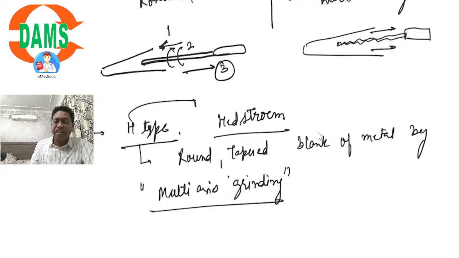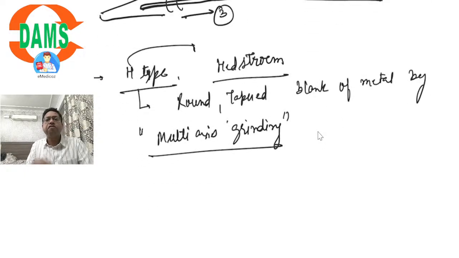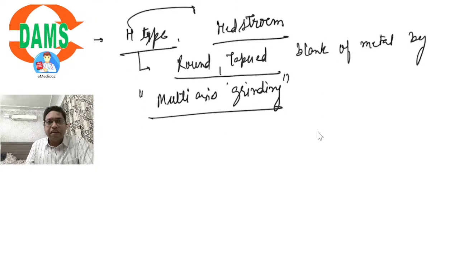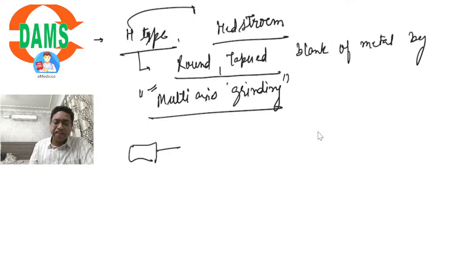So you can see that there is a difference in the manufacturing of K-type and H-type instruments. K-type instruments are made by twisting either a triangular blank of metal or a square blank of metal. H-type instruments are made from a round and tapered blank of metal. The metal is most commonly stainless steel, and they are made by multi-axis grinding. So what we get is an instrument like this, which looks like a stack of cones.